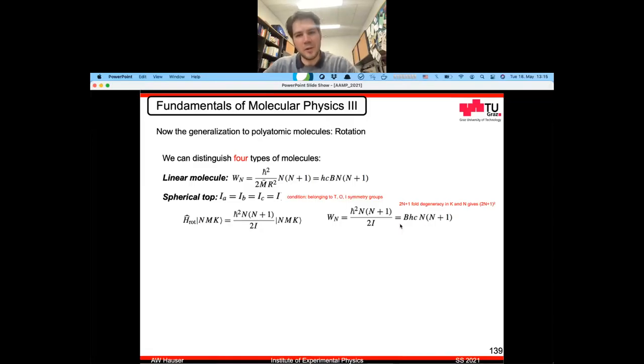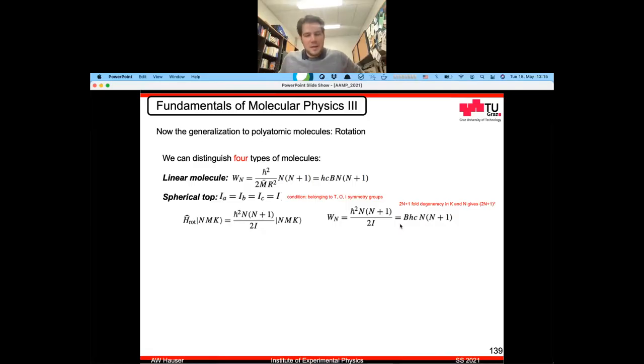So for the spherical top, I have this twofold degeneracy, 2n plus 1 times 2n plus 1, because it doesn't matter how the angular momentum projects onto my reference axis inside the molecule, and it doesn't matter how the molecule is oriented in space with respect to my reference z-axis, for example, in the laboratory frame. So I have 2n plus 1 times 2n plus 1 possibilities, which are all the same in energy.